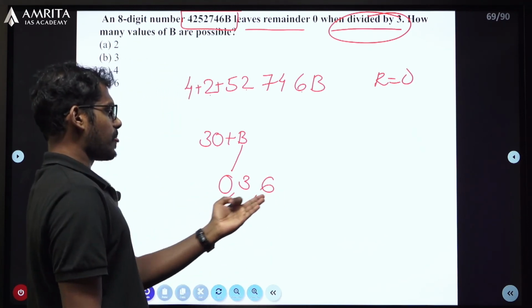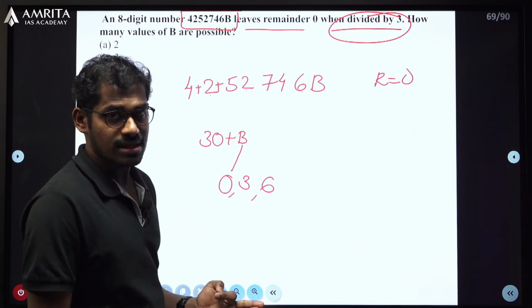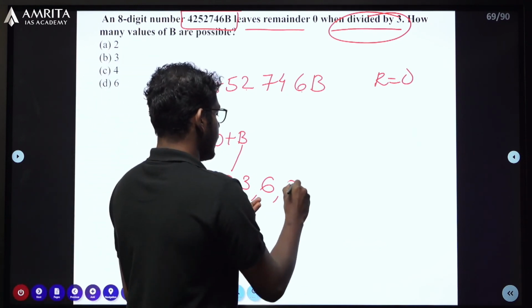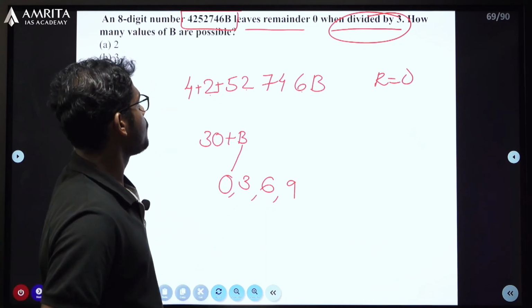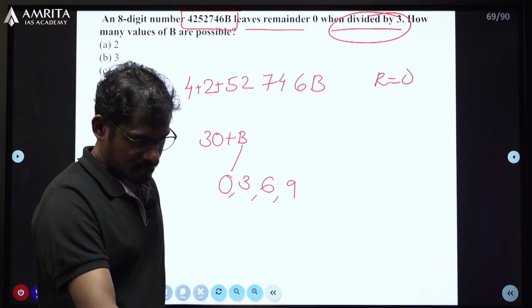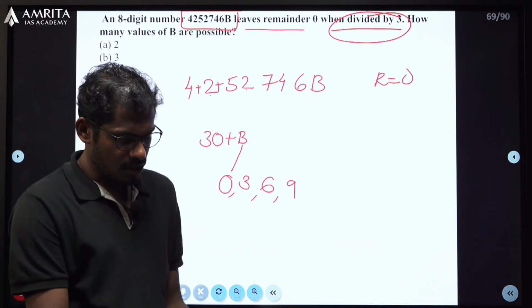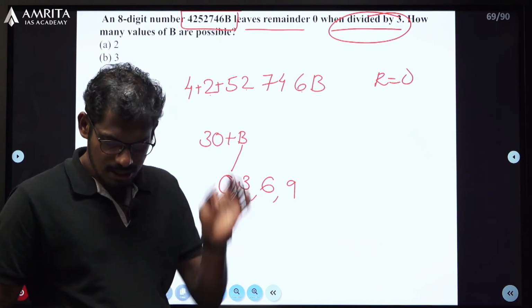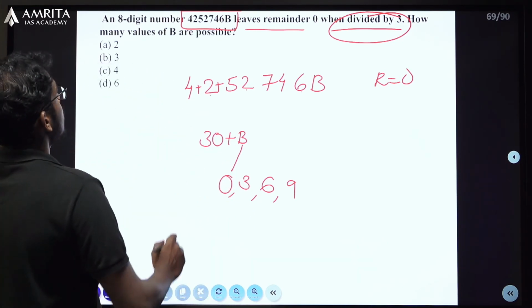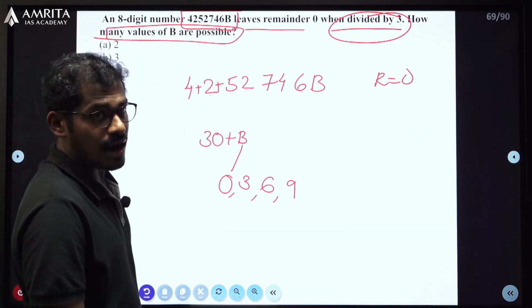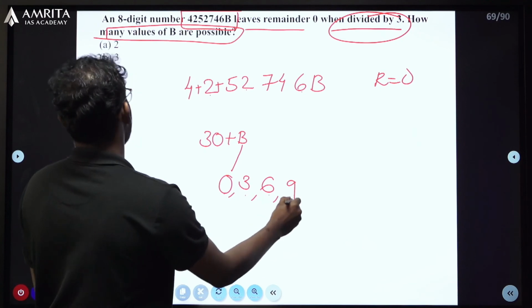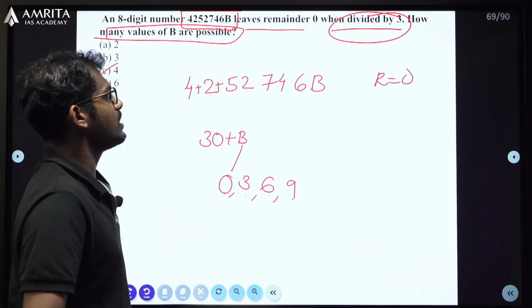If it is 6, 30 plus 6 is 36, a multiple of 3. If 9, 30 plus 9 is 39, a multiple of 3. So the number of possible values that b can have is 1, 2, 3, 4. So the answer is option C, 4.